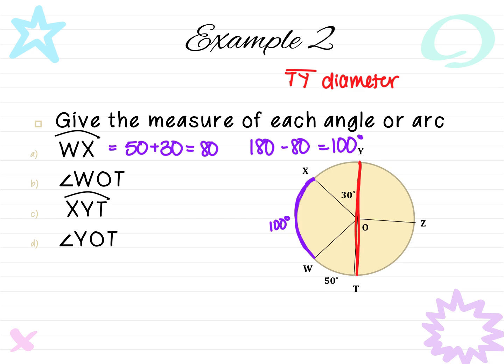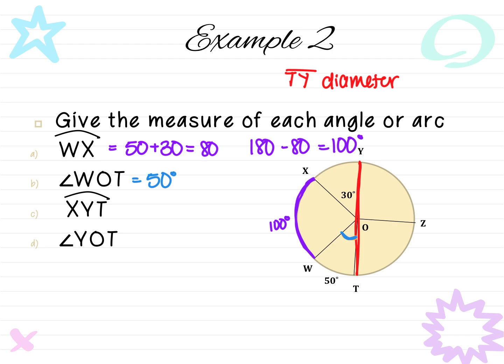Looking at the next question, angle WOT, which is right here. Let me do it in blue. Right here, WOT. What's the measure of that angle? Good, this is 50 degrees because again, the arc is the same as the angle.